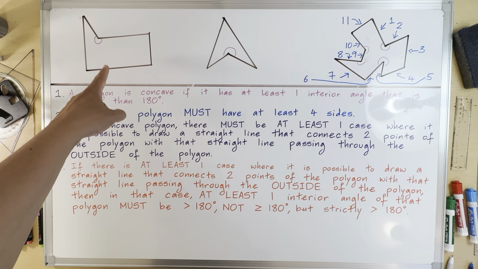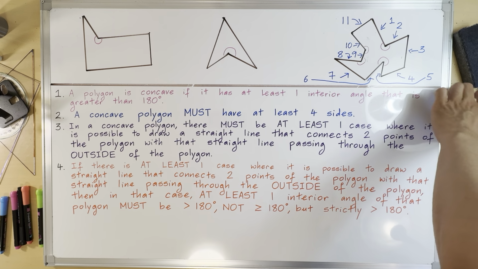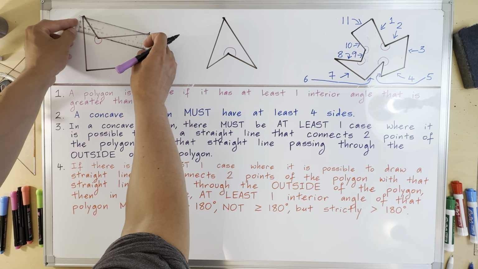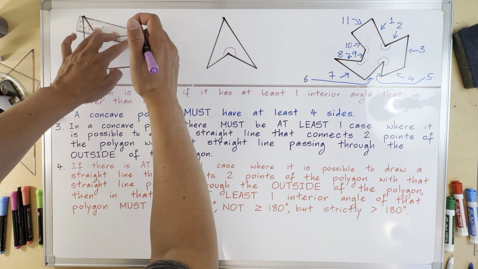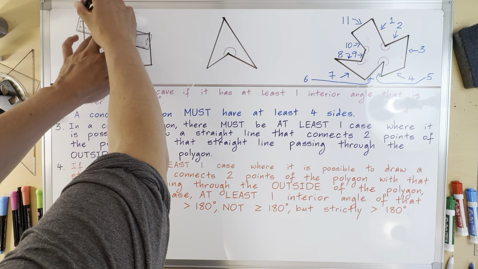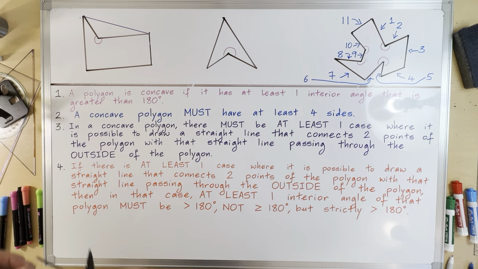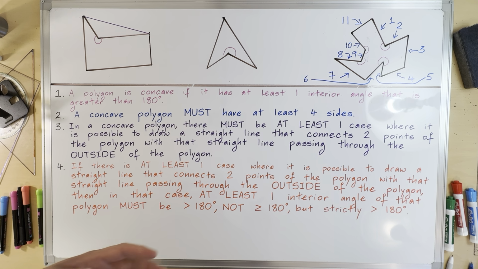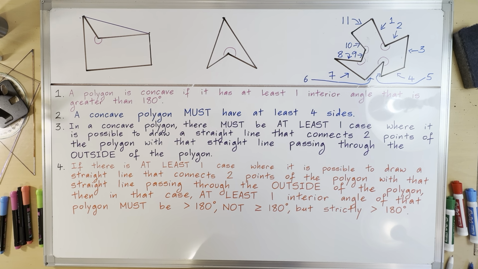As for the first polygon on the left side of the whiteboard, we certainly have a case where we can connect 2 points of the polygon where that straight line passes through the outside of the polygon. Right over here. That's the one and only case. And therefore, it matches the definition of at least one case.